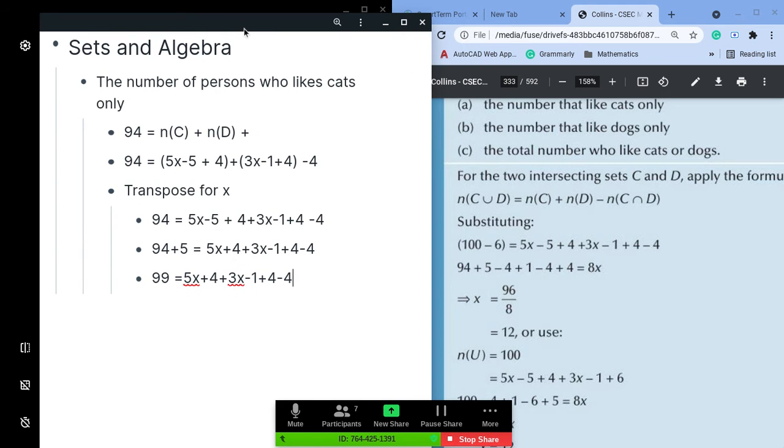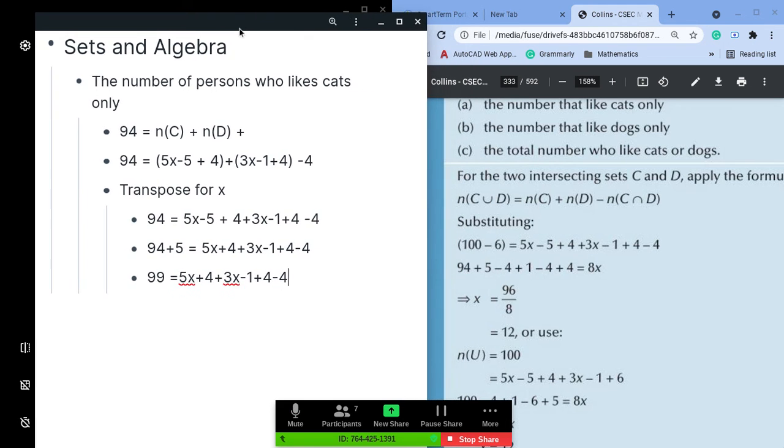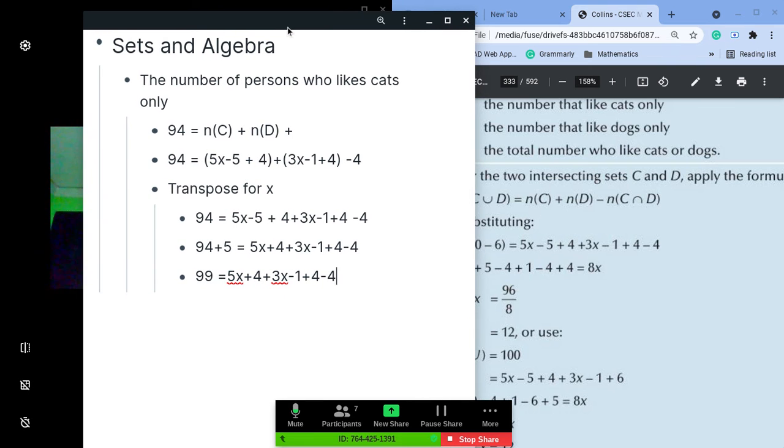Now let's keep simplifying. I can say that I have 5x plus 3x, so I'm going to group like terms now. Grouping like terms. 5x plus 3x gives me how much x?